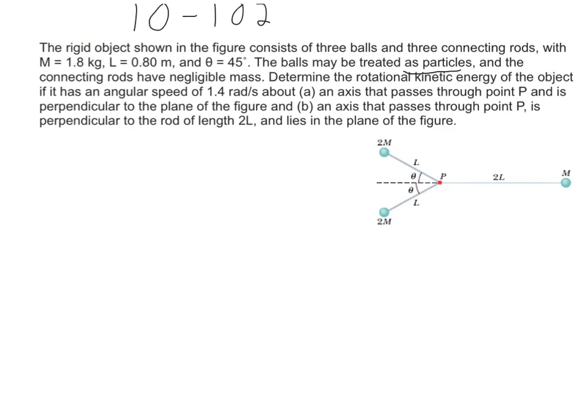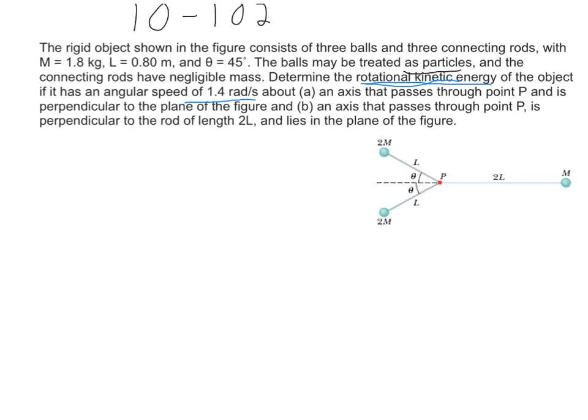Okay? And so we're asked to determine, in both situations, what the total rotational kinetic energy of the system is when it's rotating with a speed of 1.4 radians per second, which is an angular or rotational speed.